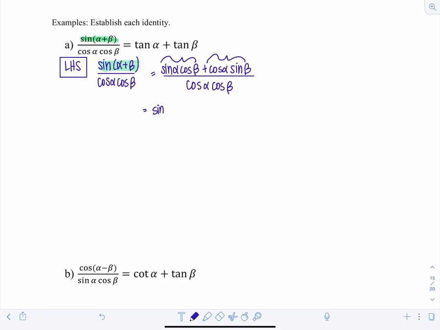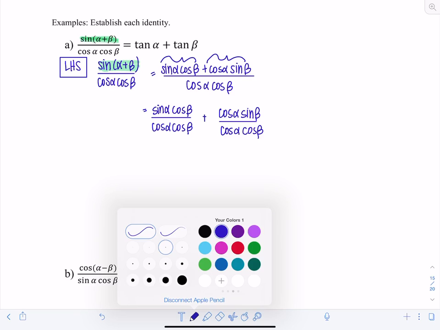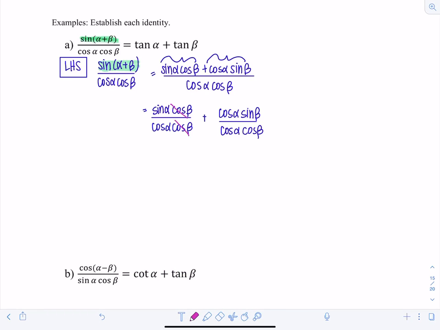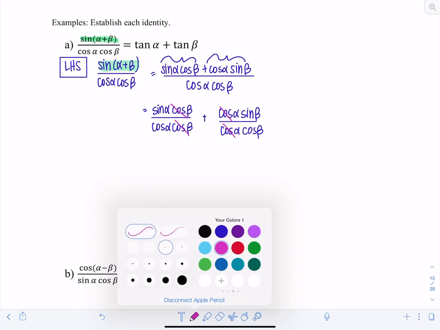So I have sine alpha cosine beta over cosine alpha cosine beta. Ooh, I see how this is going to work. Plus cosine alpha sine beta over cosine alpha cosine beta. All right, so now I can cancel out the cosine beta in the first term and the cosine alpha in the second term.